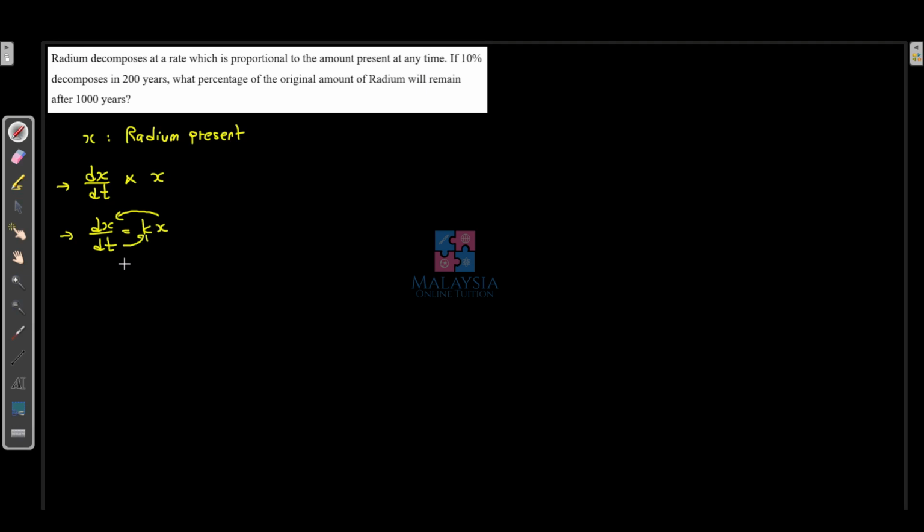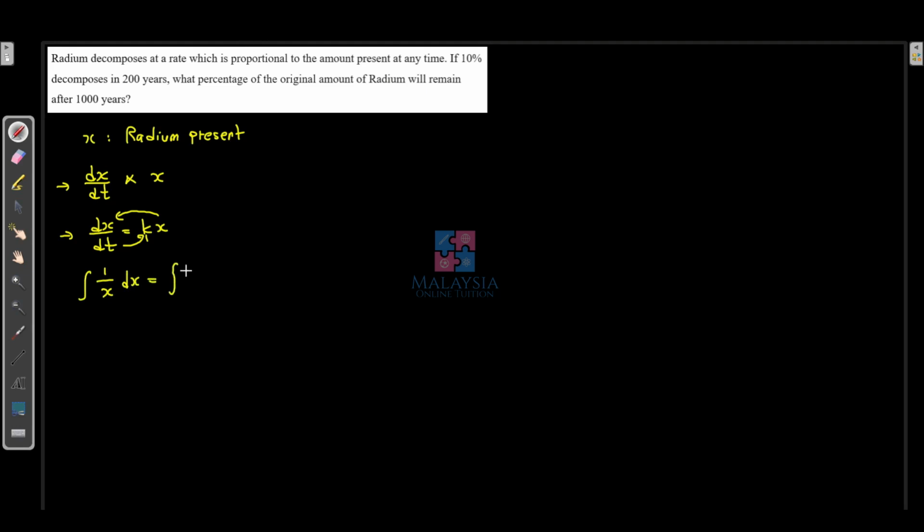Like I said, for this one, if you forgot to write negative in front, because you know that this is decreasing, since they said decomposes, you will still get it correct because your k is going to follow whether you put a negative or not in front.